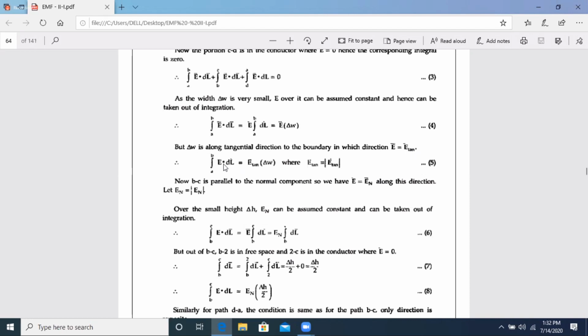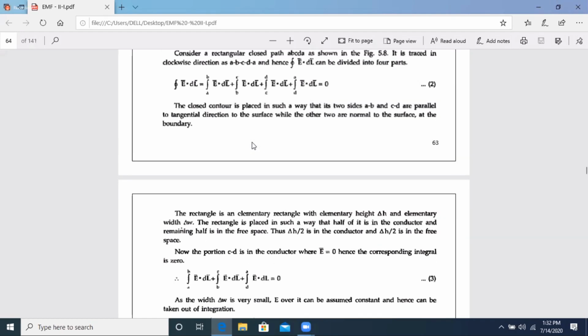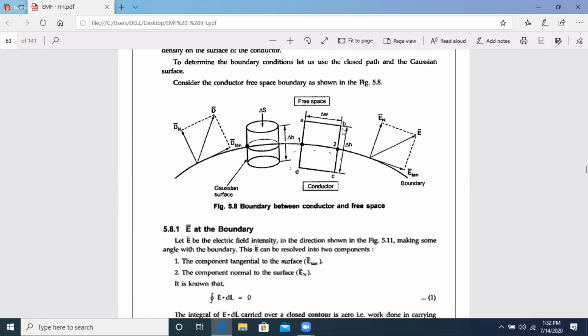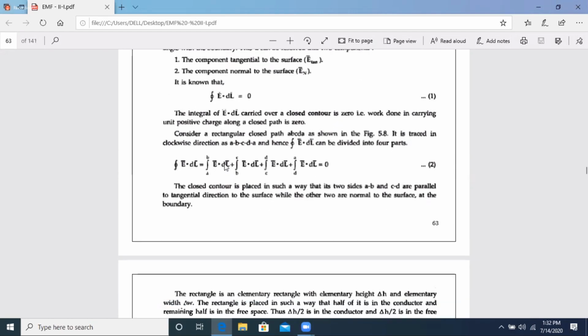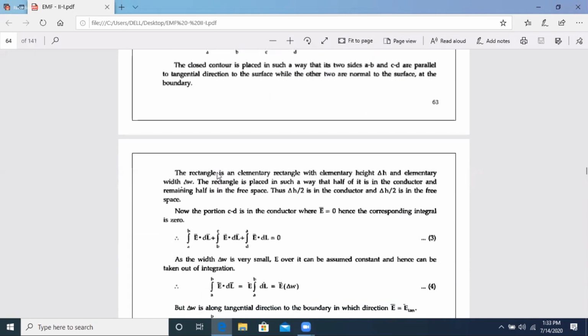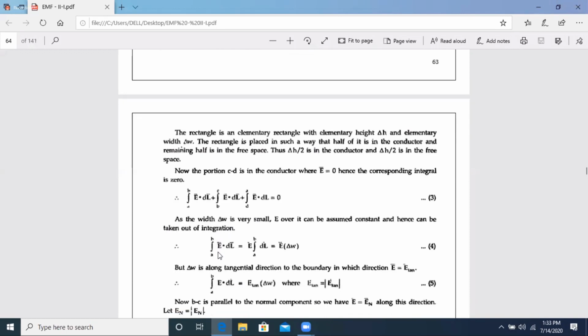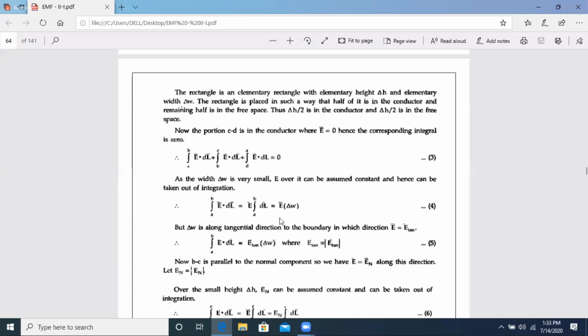So E, A to B, dl equals E delta W, because we move that over to the other side.